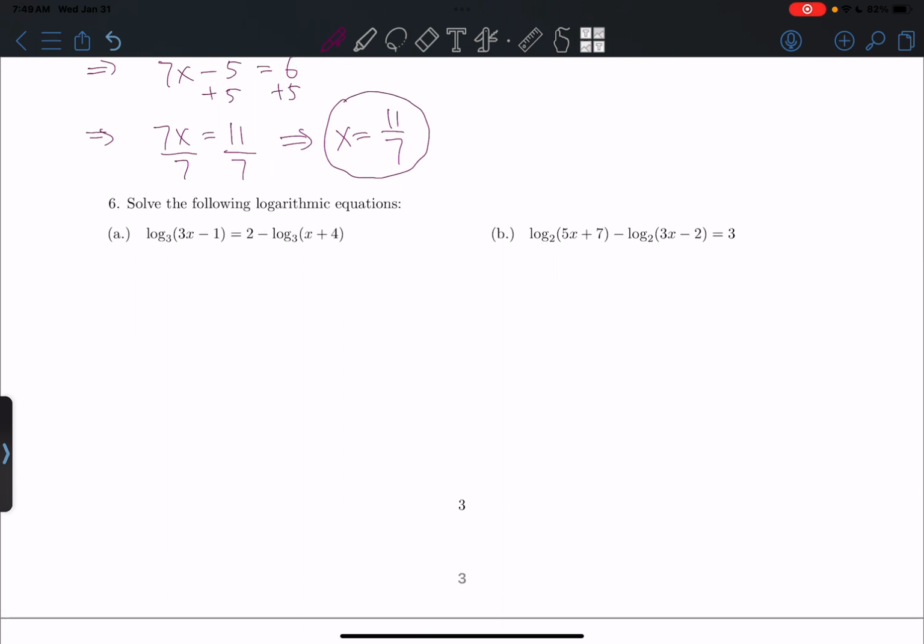Moving on to the last problem here. So for this kind of things, you want to get all the logarithm to the same side. So just plus log base 3 x plus 4 on both sides. So by property of logarithm, adding on the outside becomes multiplication on the inside.